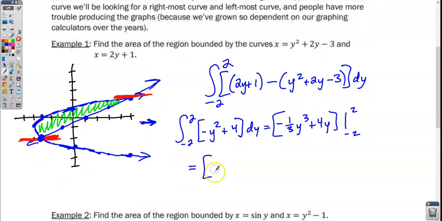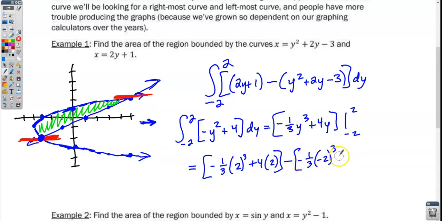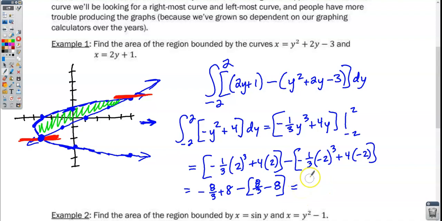And then I'm going to substitute: -1/3 times 2 cubed plus 4 times 2, minus -1/3 times -2 cubed plus 4 times -2, which becomes -8/3 plus 8 minus 8/3 minus 8. So that's 16 minus 16/3. That ends up being 32/3 for our area between those two curves.